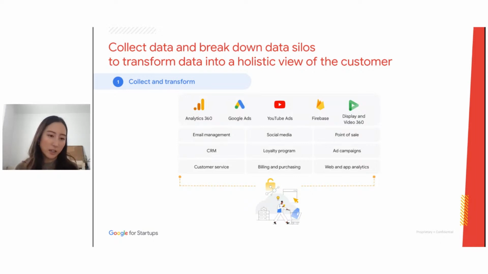You might have data in a bunch of different places, for example, across the Google Marketing Suite, maybe in YouTube ads, and also you have point of sale information, your CRM, maybe data from your loyalty program. It's really important that we can easily export this data into Google with just a few clicks using native collectors, and also make sure that we can marry the data from your first party data, your third party data, and also your Google Analytics in order to create a holistic view of the customer.